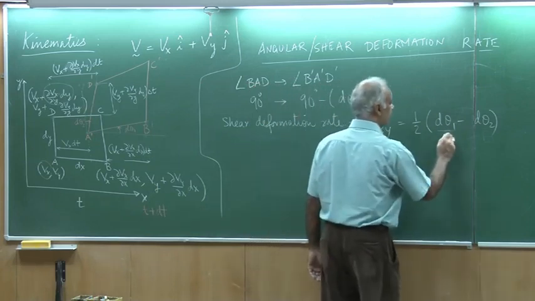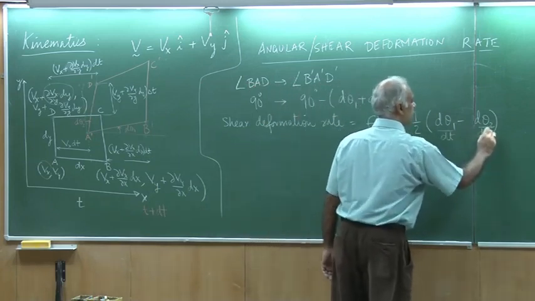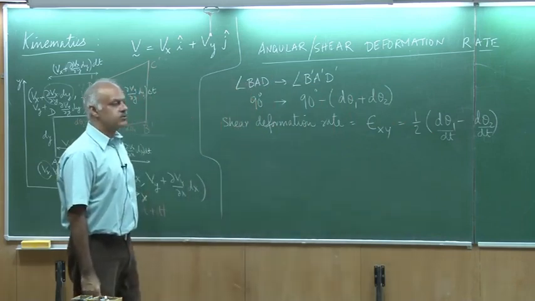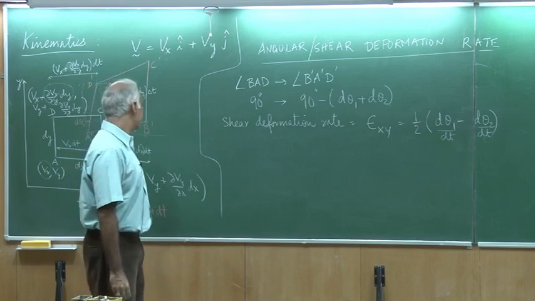In fact these are rates, so these are to be divided by dt, and we have already seen what these quantities are, d theta 1 and d theta 2.